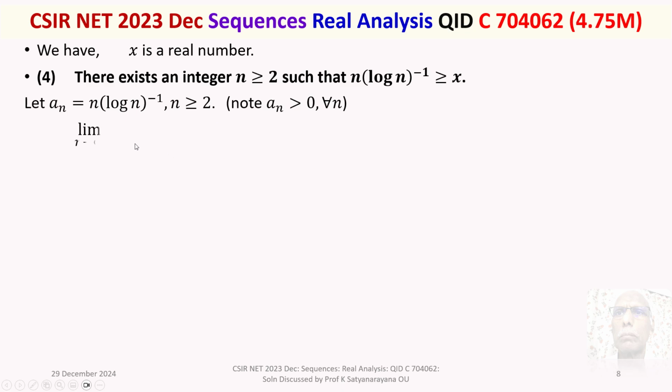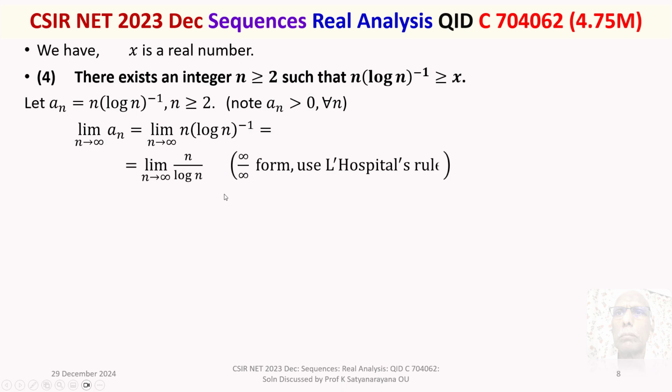Agreed. The limit as n tends to infinity of a_n is the limit of n times (log n) to the power of minus 1, which is equal to the limit of n by log n, and which takes the infinity by infinity form, an indeterminate form. We use L'Hopital's rule: differentiate the numerator and the denominator and then apply the limit. The limit of 1 by (1/n) is the limit of n, that is infinity.